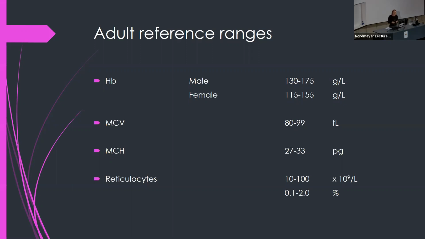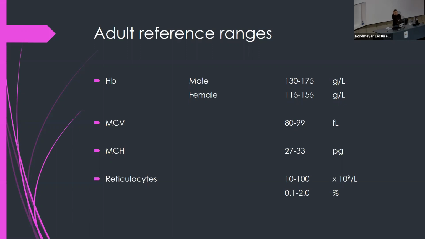And they're a reflection of how hard the bone marrow is working to replenish red cells. And that's a really important, useful measure. And we measure that in two ways, either an absolute count, 10 to 100 times 10 to the 9 per liter, or a percentage of the red cells. And up to 2% is generally normal.